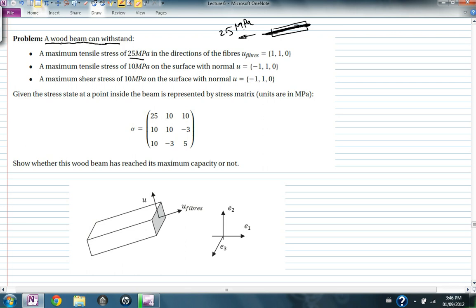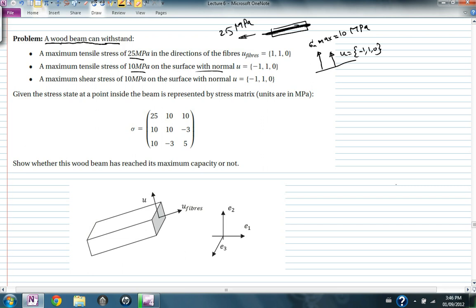And a maximum tensile stress of 10 MPa on the surface with the normal equal to U negative 110. So on a plane with this direction, the maximum tensile stress is equal to 10 MPa.